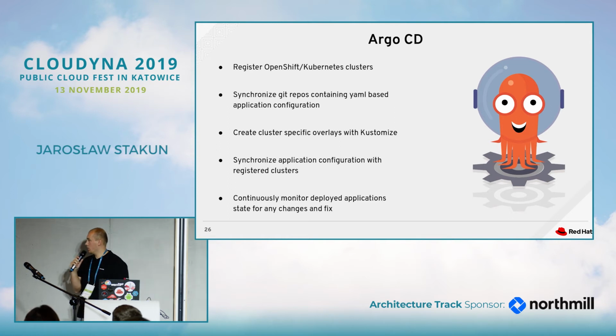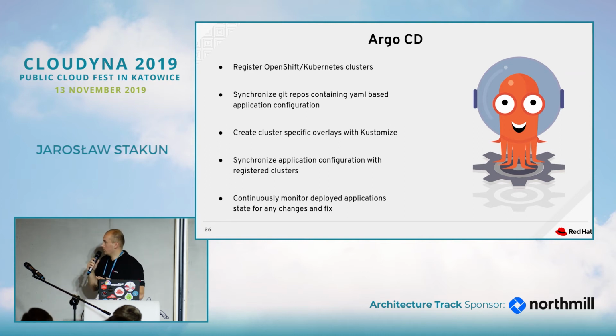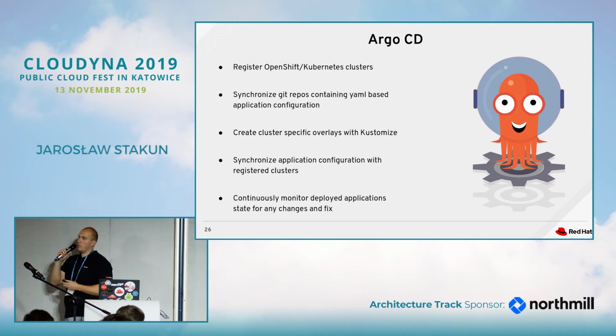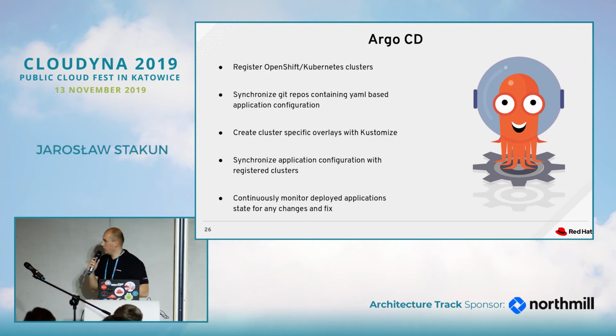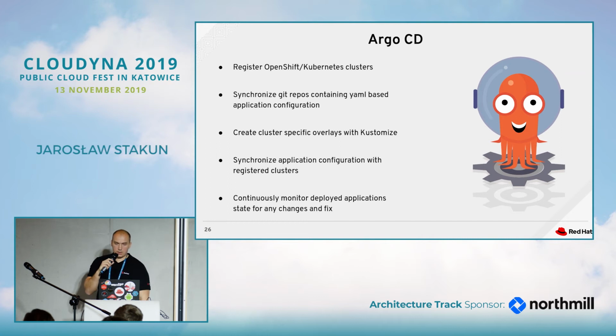We can create some overlays which are specific to some cluster configuration, because, for example, if you configure the ingress configuration or you will have some config map that holds the environment variables or some configuration file, they will be most probably different between the clusters. So you need to have some way to configure some cluster specific configuration, and this is where you could leverage here the overlays.